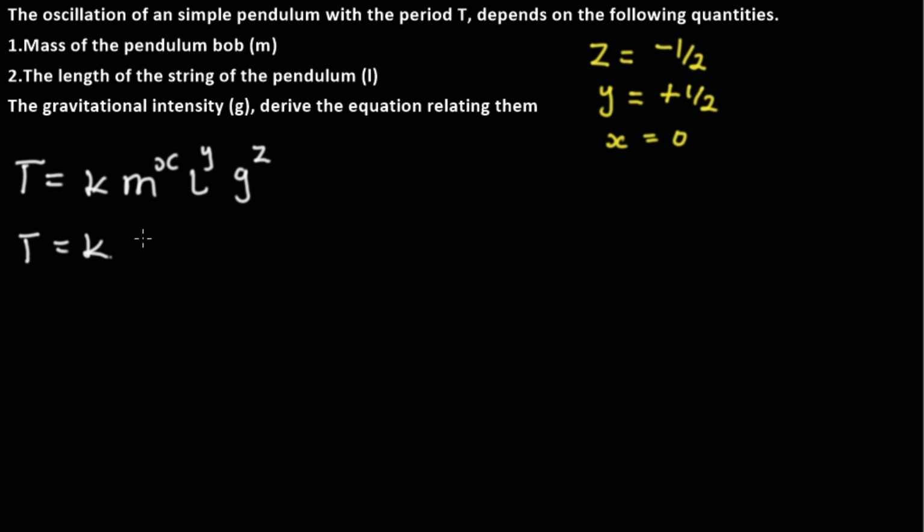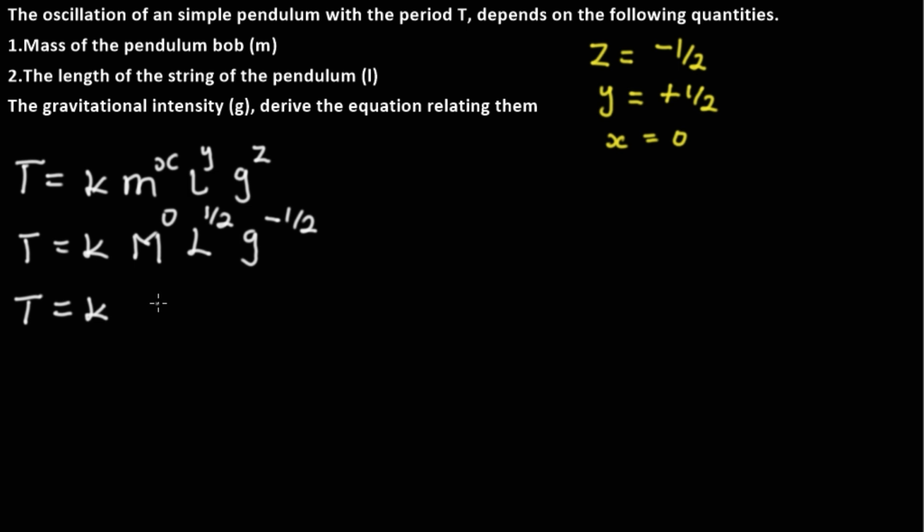We can see k, which is a constant, and go ahead with the values. And we now have m as x, which is 0, L as y, which is half, and g becomes a negative half. We're going to apply some rules of indices here.